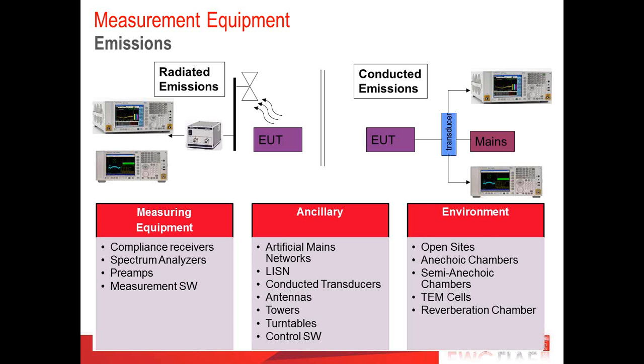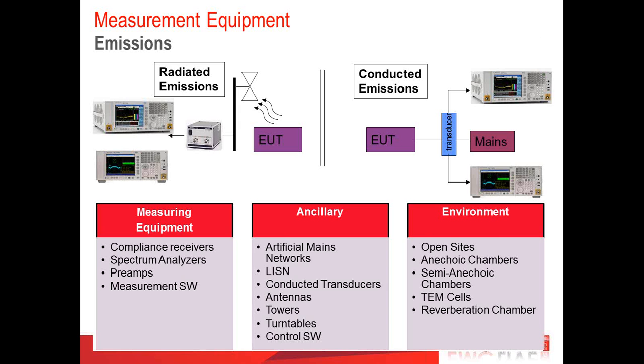The equipment needed for emissions testing is going to vary. At the heart of the measurement is going to be some sort of frequency selective device. In most cases, that's going to be an EMI receiver, but depending on the standard, spectrum analyzers can be allowed as well. In the case of radiated emissions, we're going to have an antenna and probably some sort of preamp connected to our receiver picking up the emission.